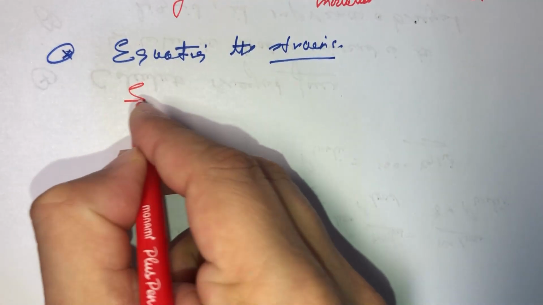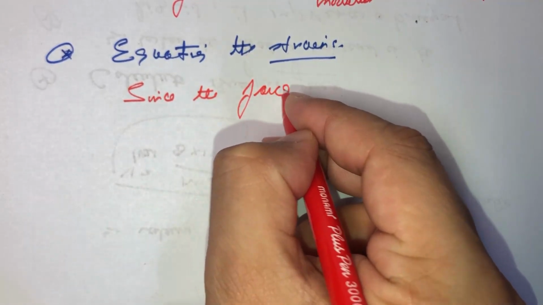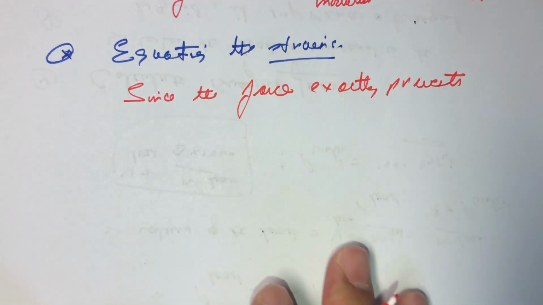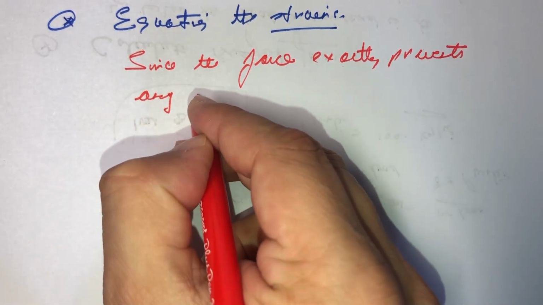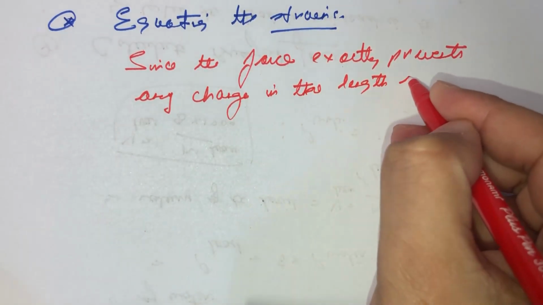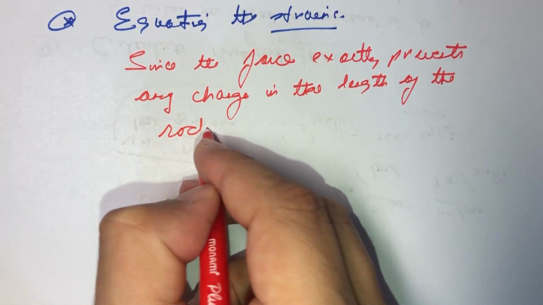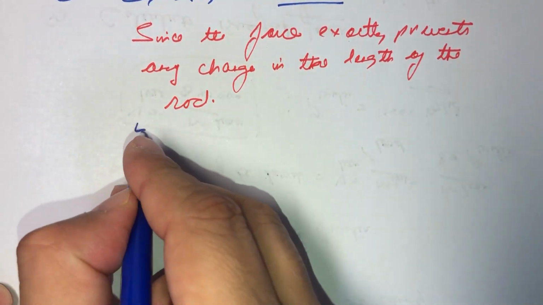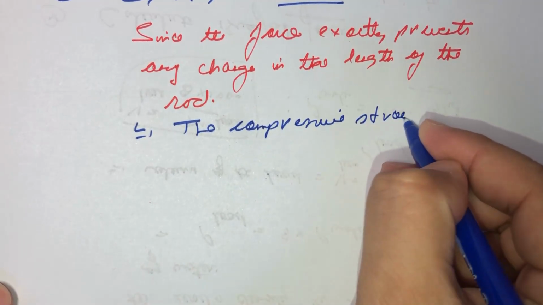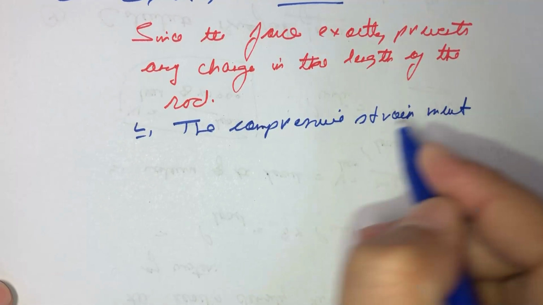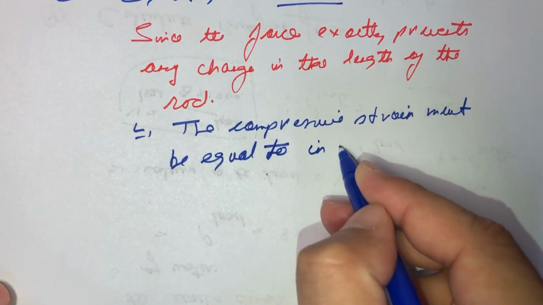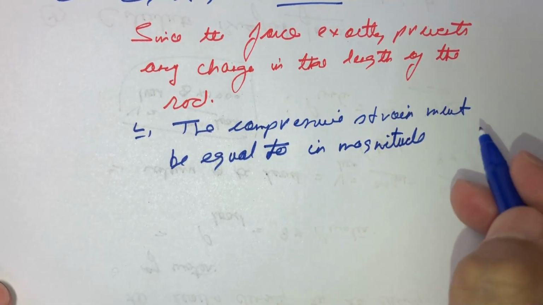So since the force exactly prevents any change in the length of the rod, the compressive strain must be equal in magnitude to the thermal strain.